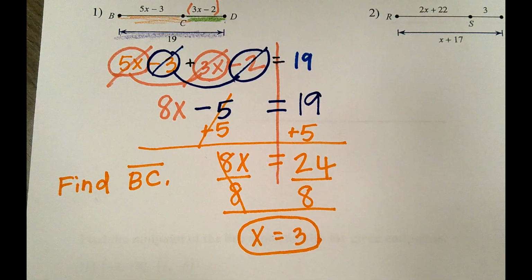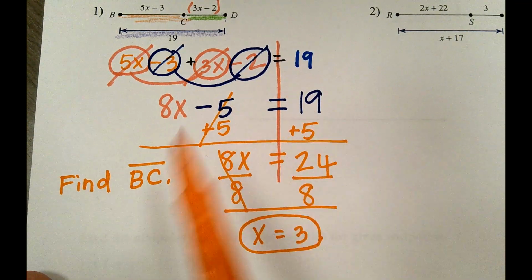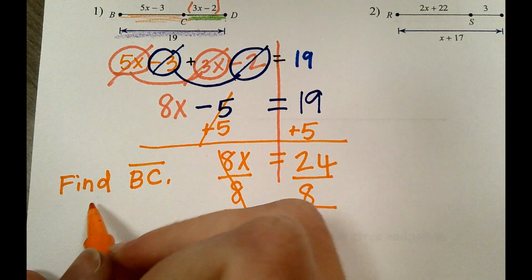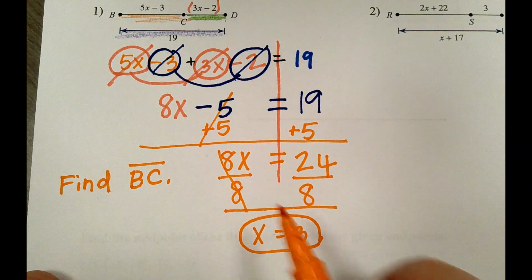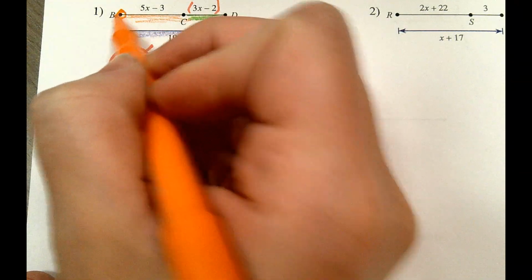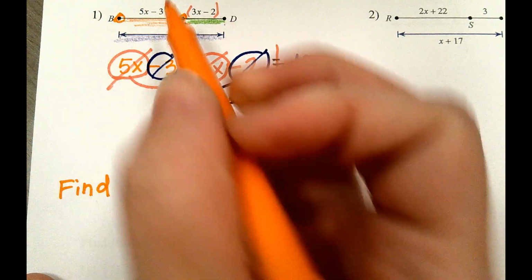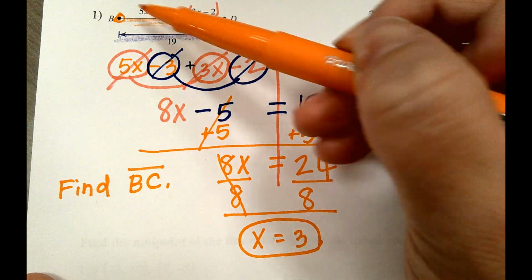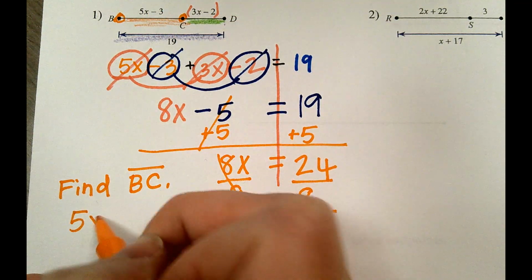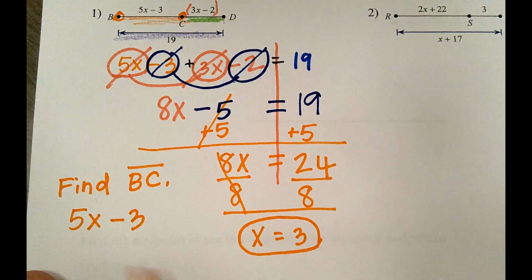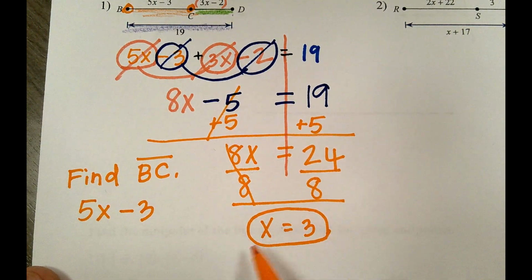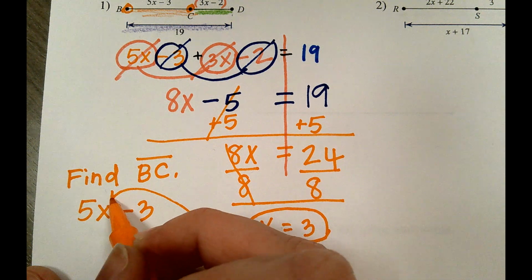Yes, go ahead, Jacqueline. So we're going to use points B and C and look to see what's labeled. Well, 5x minus 3, and we know that x is 3. So we can plug 3 into the x.